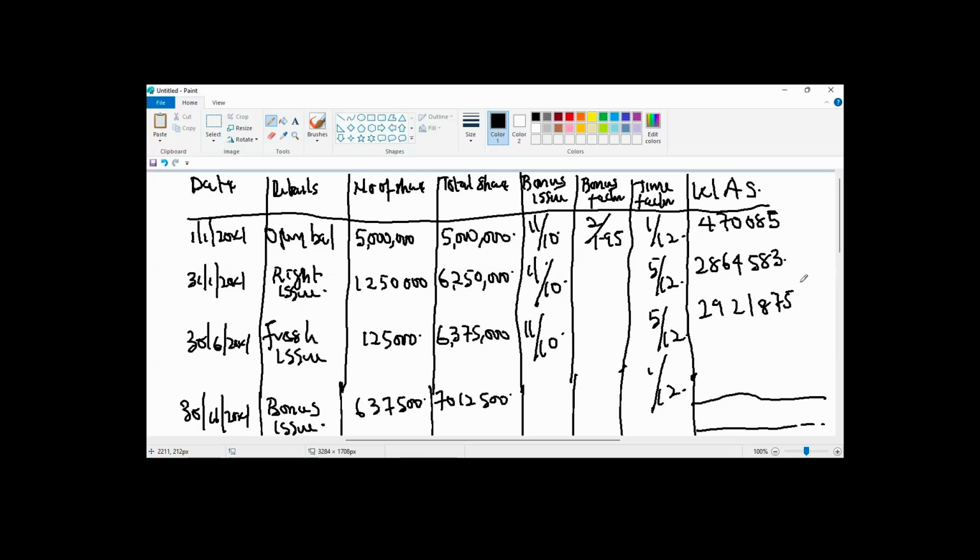The 2921, can we cross-check that? I'm not getting 2921, it's 2921375. Let me check it again. It's correct.